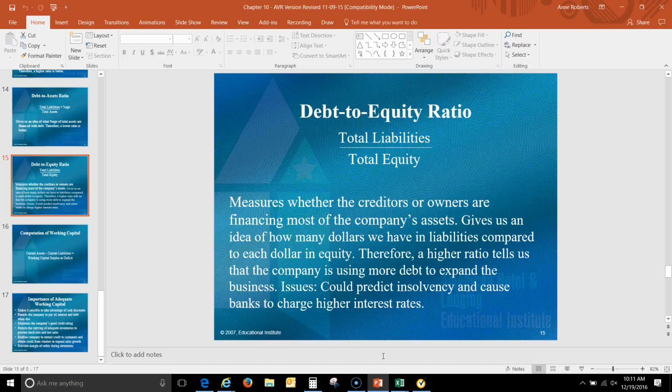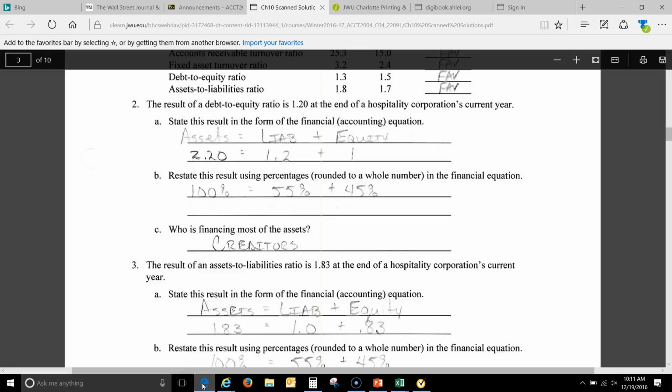Okay? The answer on the actual question for A should look something like 2.2 in assets, 1.2 in liabilities, 1 in equity. Okay?